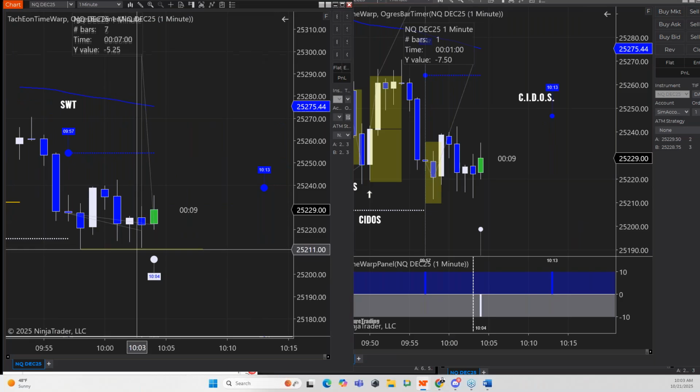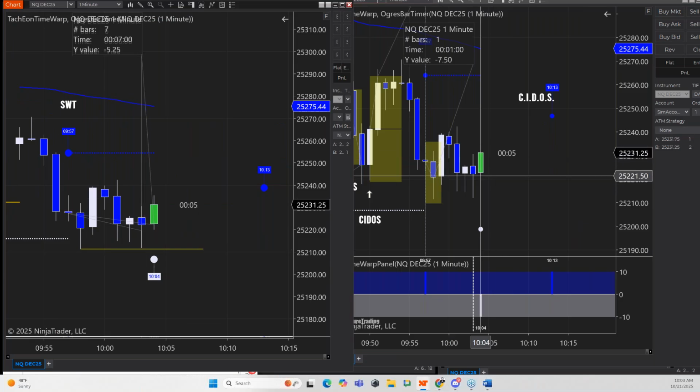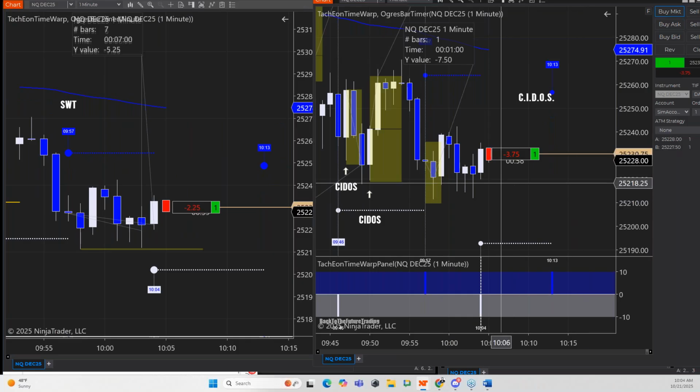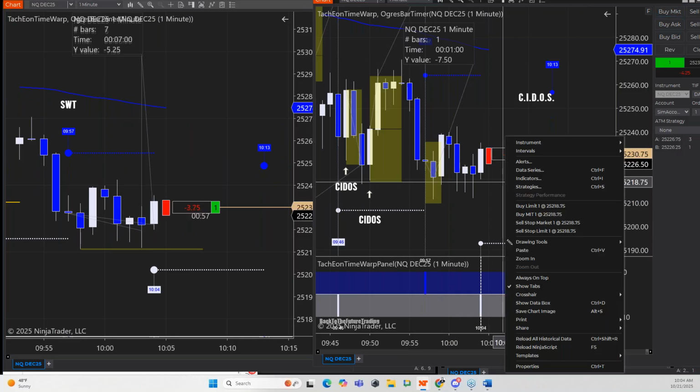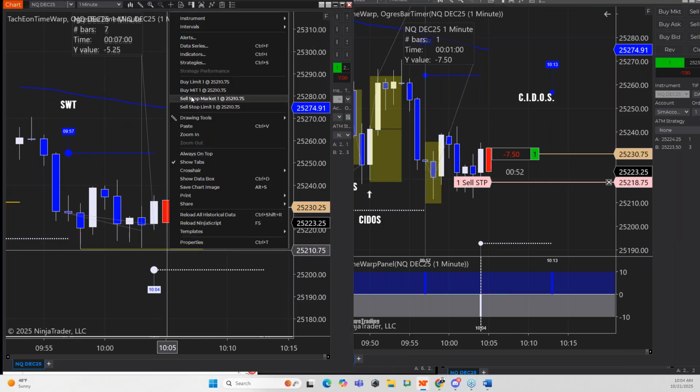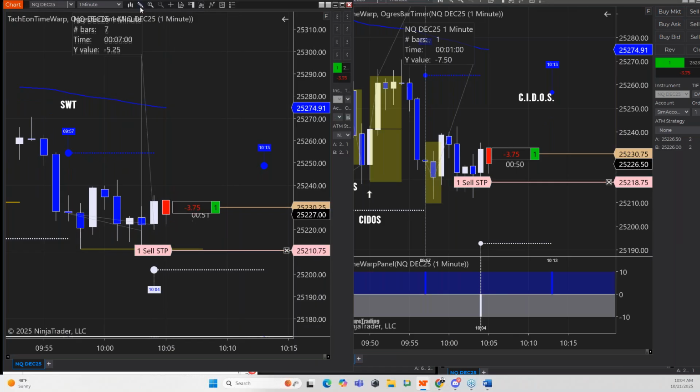Right now, my stop is going to be at 10.75. Over here, it will be just below this candle. So now with the CDOS, my stop is here. Now with the aggressive counter trend, my stop is here.